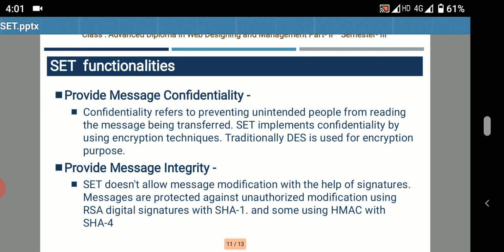They can even modify your message and then transmit it. Okay, if they get access to your information, they can do anything. Suppose you send some message, they can modify the message and forward it. So for this purpose, RSA digital signatures with SHA-1 protect the messages.